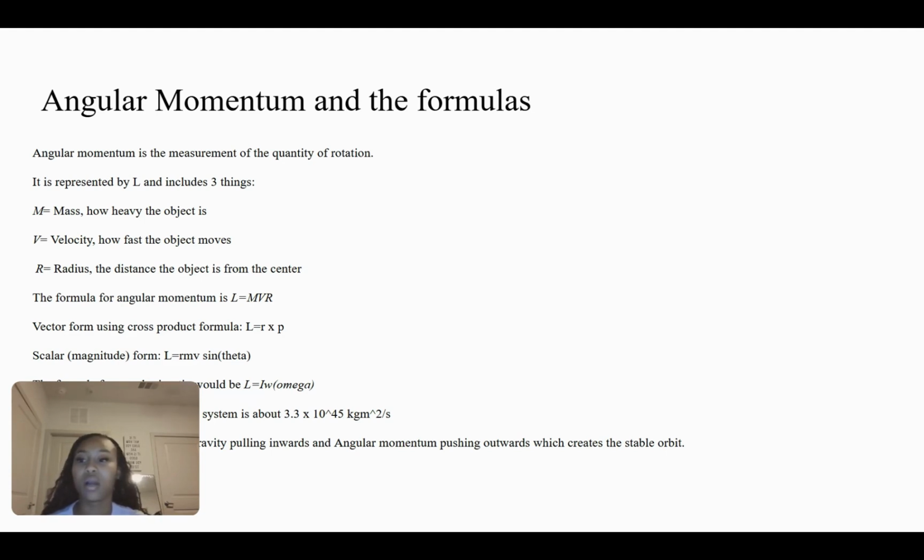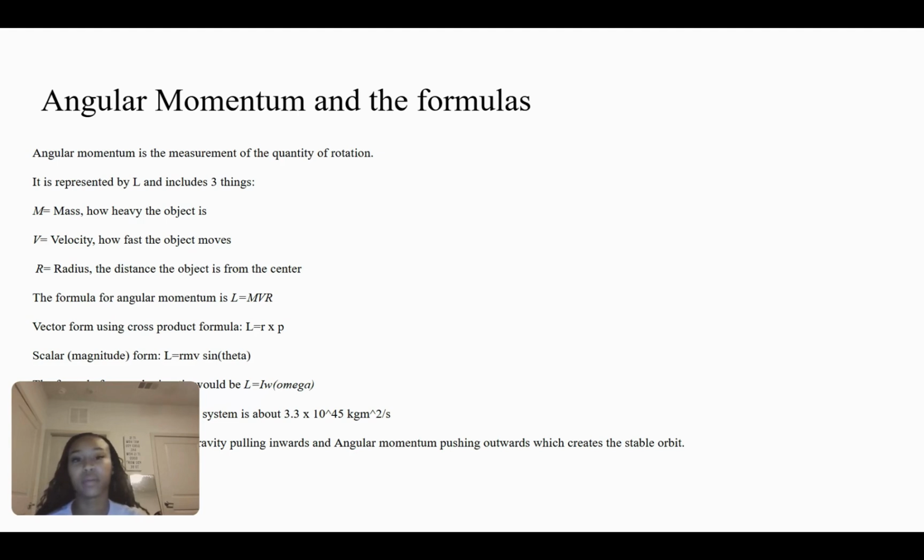And angular momentum is represented by L and includes these three things in its formula: M, mass, basically how heavy an object is; V, velocity, how fast the object may move; R, radius, which is the distance of the object from its center, like the center of the Earth or, basically, the sun in the solar system.